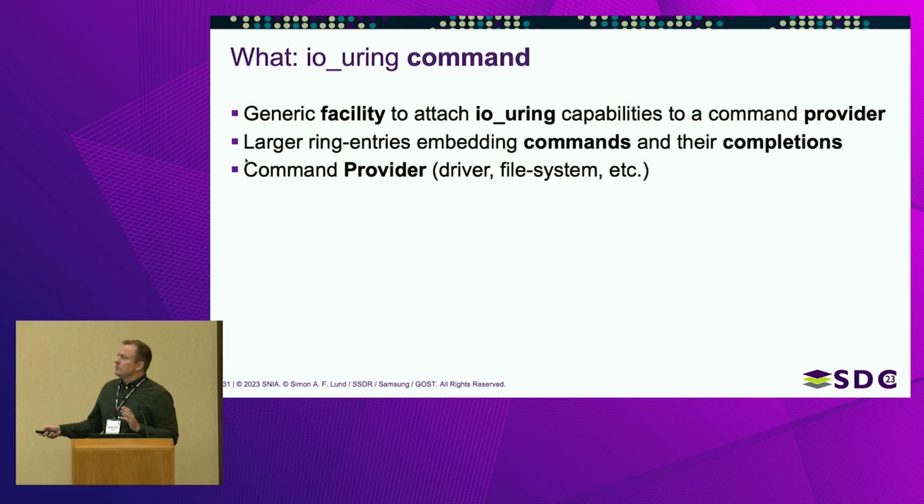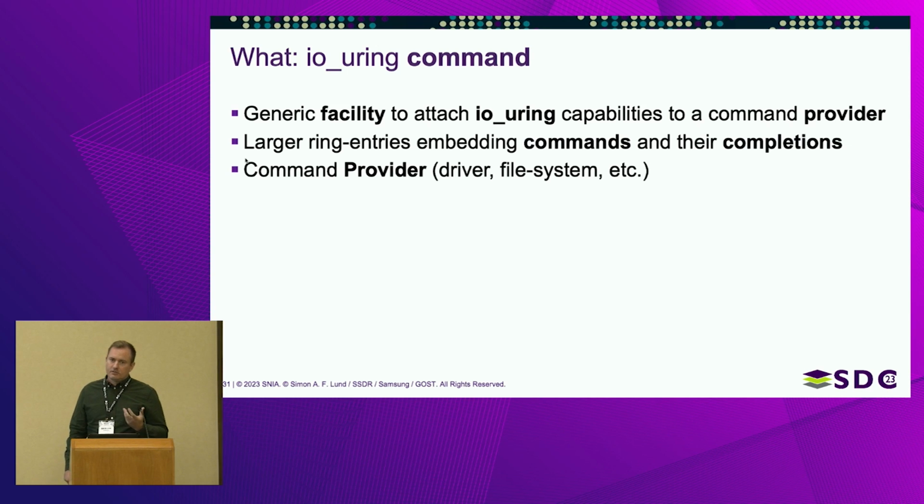Then we get to the io_uring part. So the regular io_uring had opcodes for reading and writing, but we had the issue of not being able to speak natively and submit NVMe commands. Then this facility was added to the kernel called the io_uring command. And that's a generic facility where you can attach io_uring capabilities to a command provider.